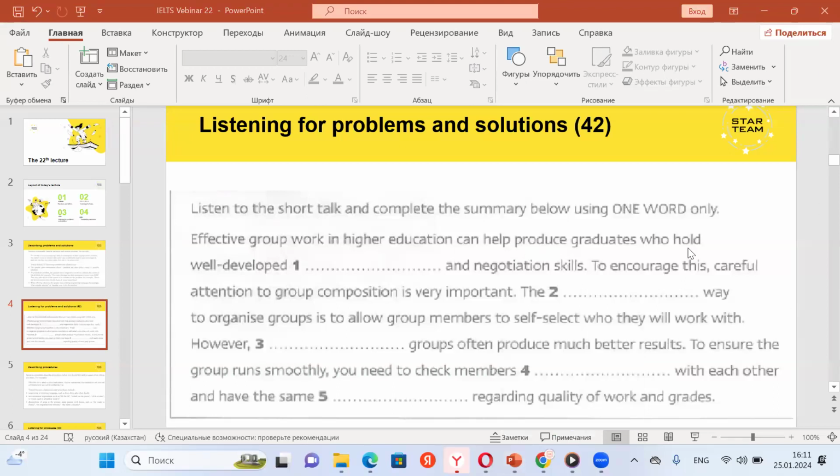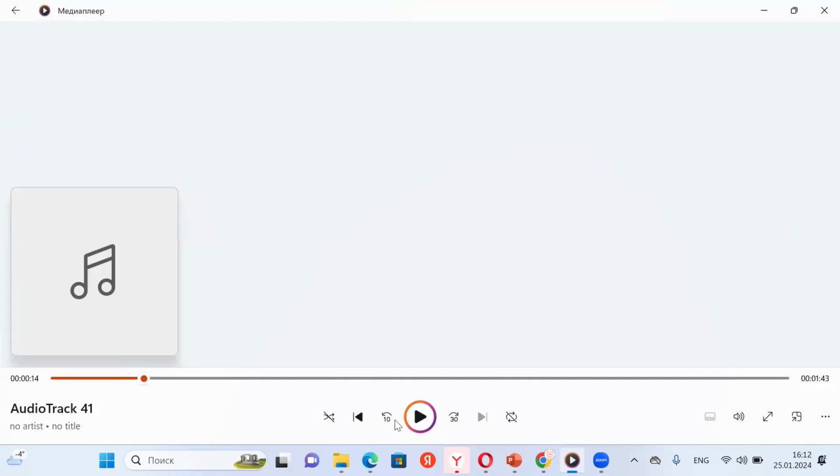Okay, help graduates who have superior, right? The synonym for superior is well developed. So superior means значимый, превосходный, well developed, хорошо развитый, something, and negotiation skills. Навыки переговоров. Negotiation skills, навыки переговоров. Давайте посмотрим. Что они... Вот эта часть.